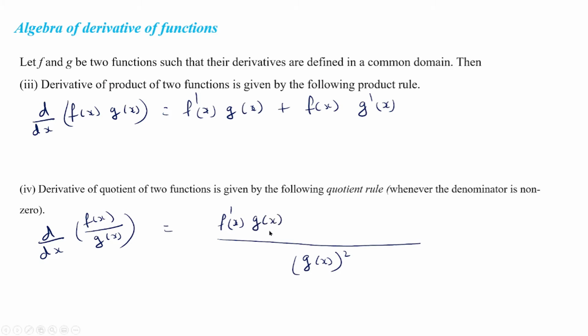We have to keep the denominator and differentiate the numerator, then minus keep the numerator and differentiate the denominator. This is called the quotient rule. That is, d by dx of f of x upon g of x is the derivative of the numerator f dash of x into g of x minus f of x into the derivative of the denominator, which is g dash of x, the whole thing divided by g of x the whole square.